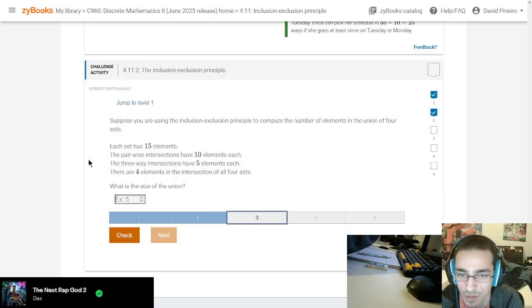So suppose you're using the principle to compute the number of elements in the union of 4 sets. Okay, so there's 4. Oh my god, it's the same.